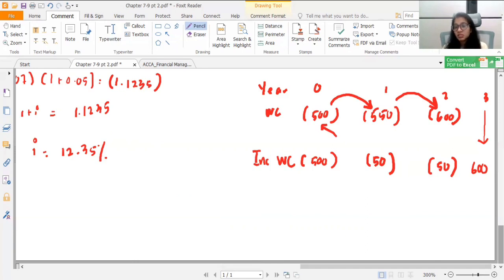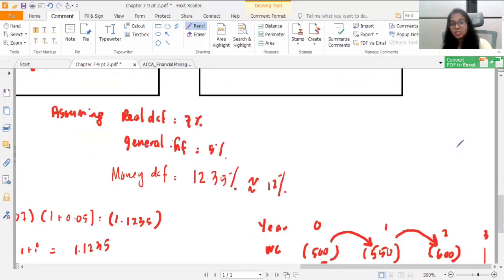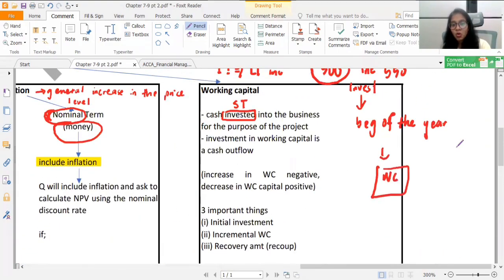So what happens is, in year three, at the end of the project, you will not incur any additional amount for working capital, but you will assume that whatever amount you have invested, for example the $600 just now, you will be able to recoup it in the form of profits in year three. Okay, so please remember that this is a general assumption for working capital.